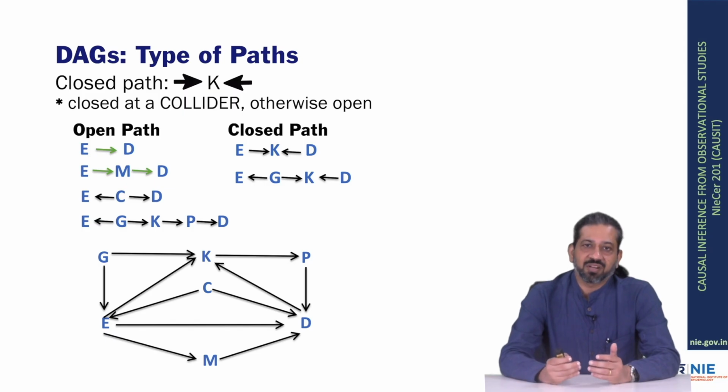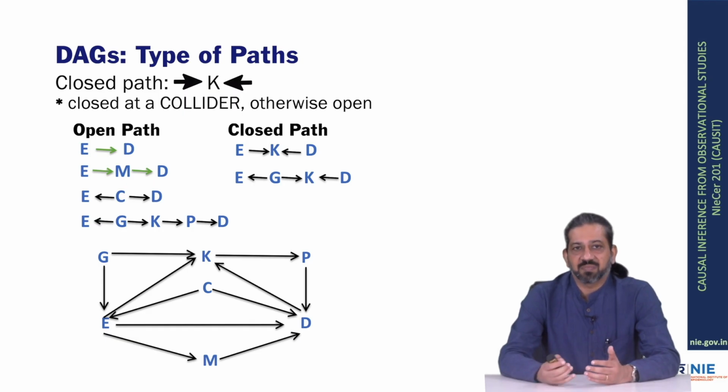Now, a path on which there is a collider will always be closed. And the paths where you do not find a collider would be the open paths. So, based on that, we can say that two of our causal paths, ED and EMD, are open because you don't find the variable K as a collider on these two paths.